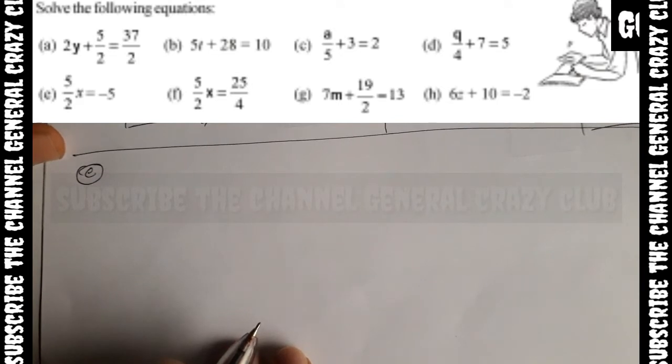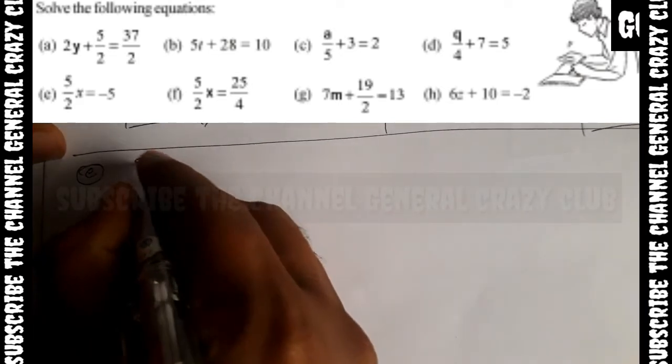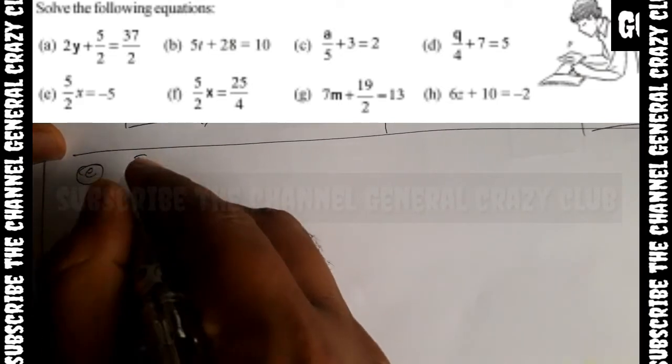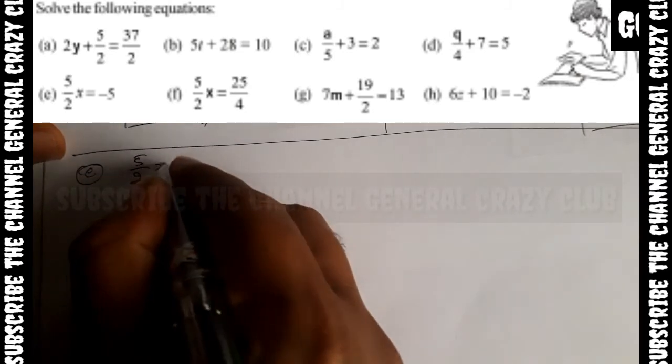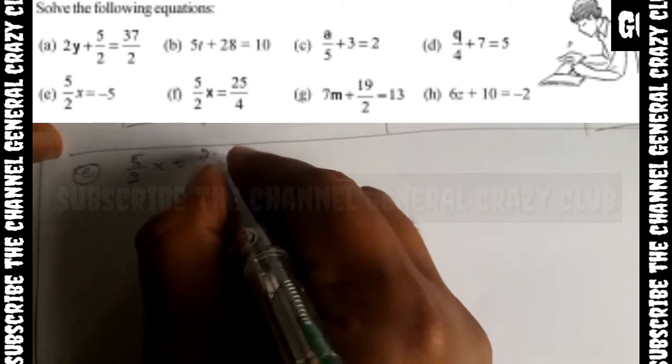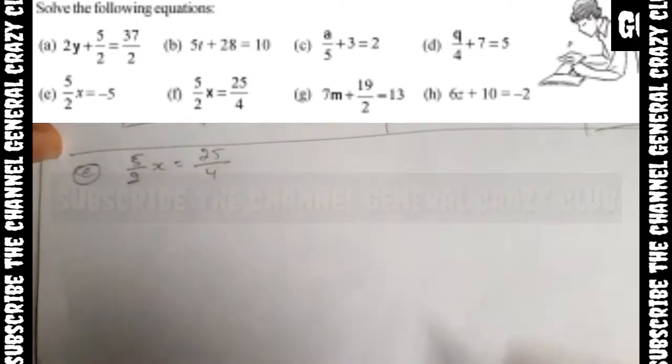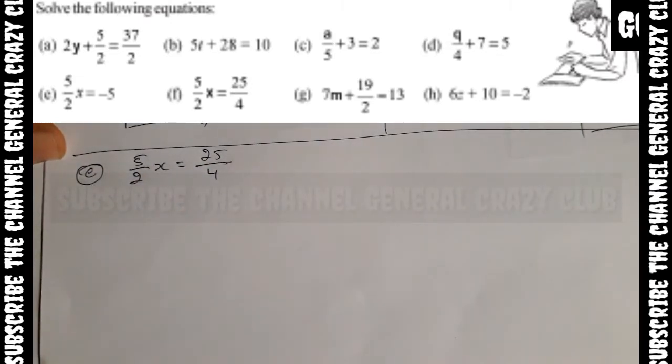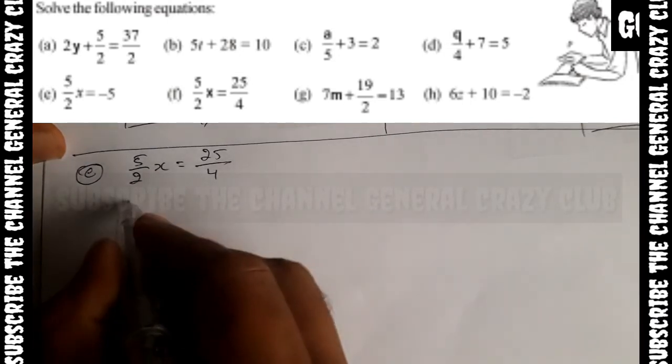The next one, E. 5 by 2 x is equal to 25 by 4. Whatever we solved in D, the same method I am using here. Two methods also.